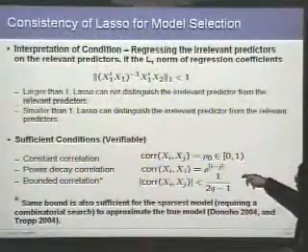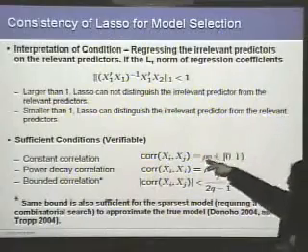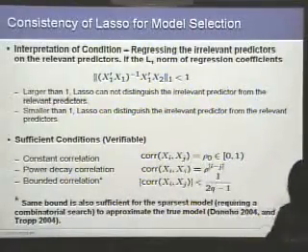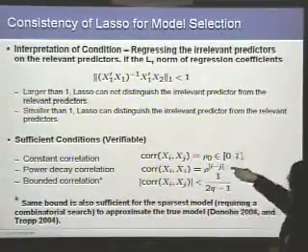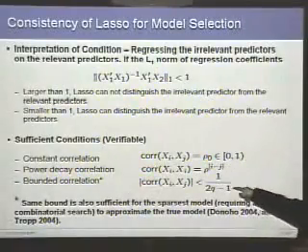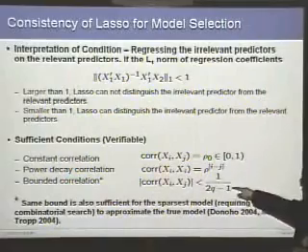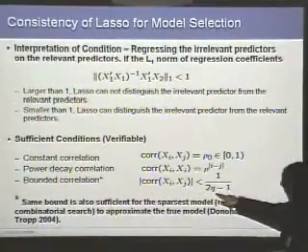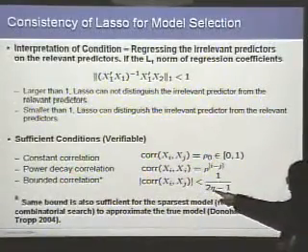You can verify that if you have a constant correlation, where all your features are symmetric, then that will satisfy the condition. And if you have an exponentially decaying correlation, a bounded correlation, it also satisfies it. But note that in the bound, Q is the number of irrelevant features.